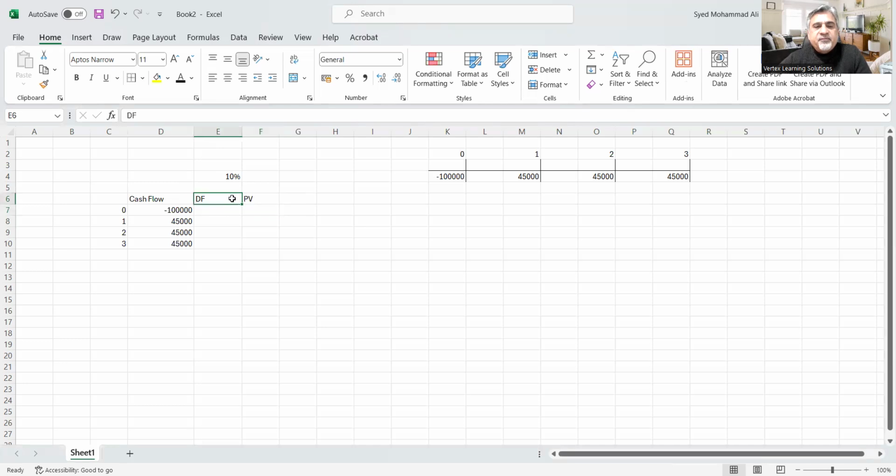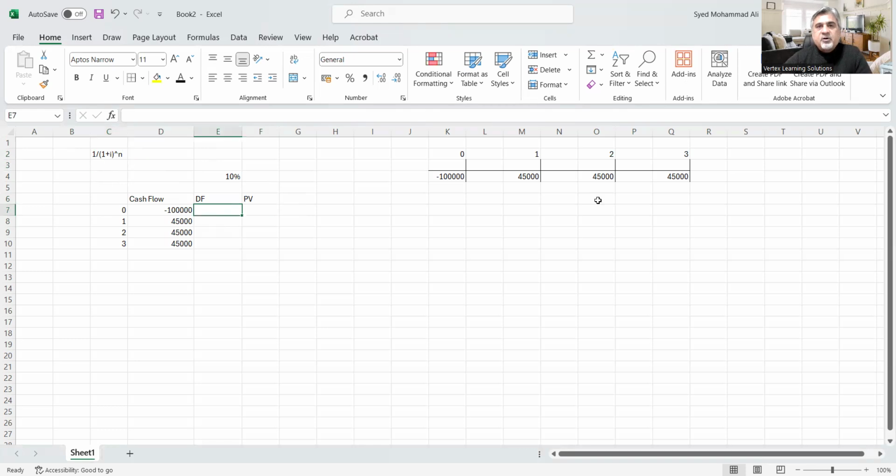The discount factor formula, as we discussed before, is 1 divided by 1 plus i, which is your discount rate, and then you say power n. This is the formula for your discount factor calculation.